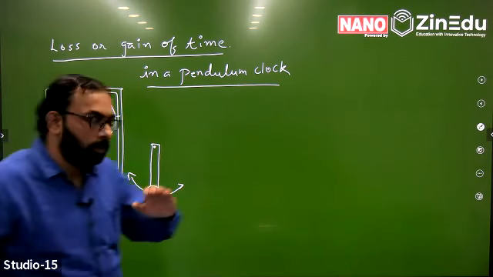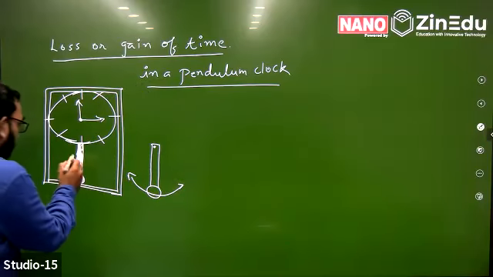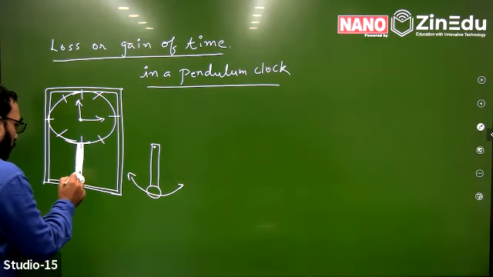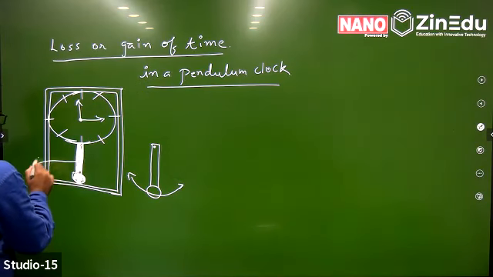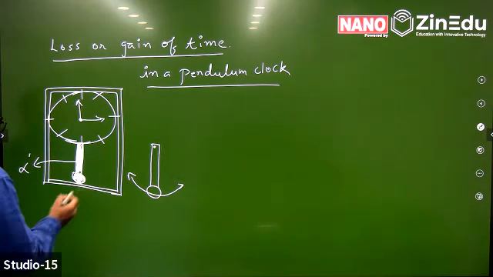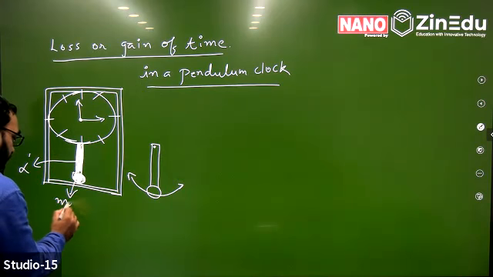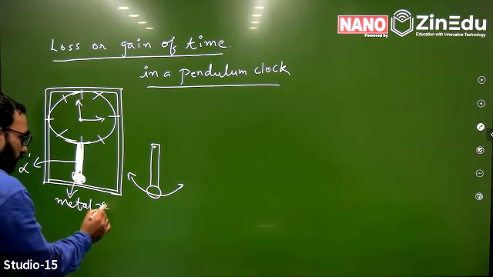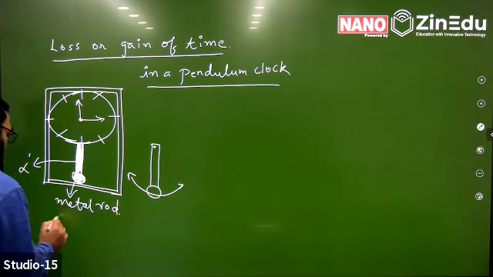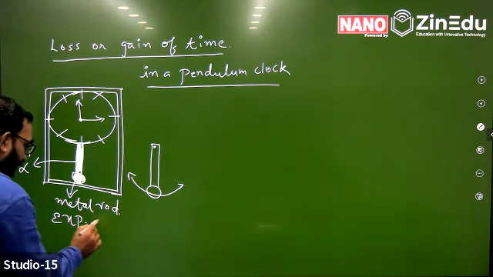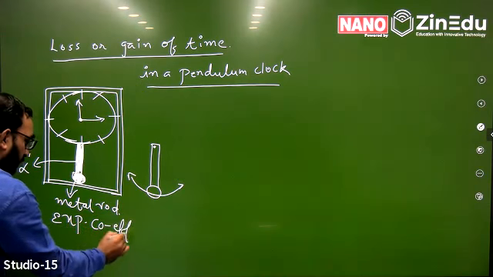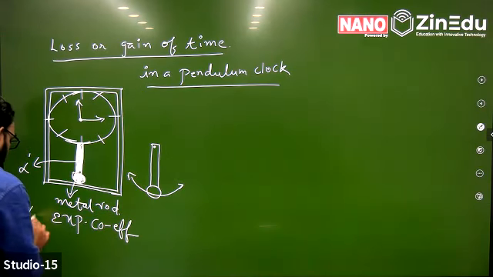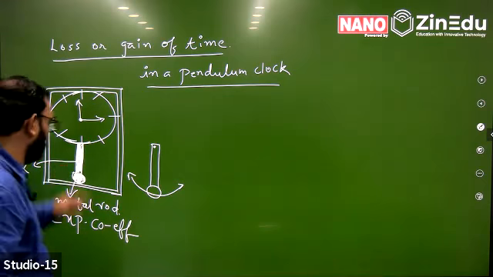Now, this particular pendulum rod is made up of some metal, a metal rod having an expansion coefficient. Alpha is the linear expansion coefficient of the rod.